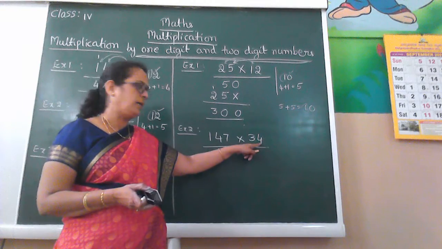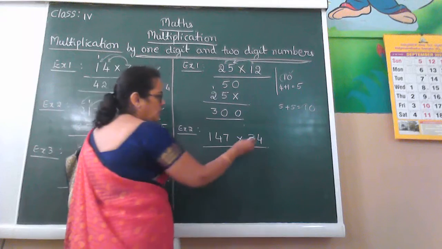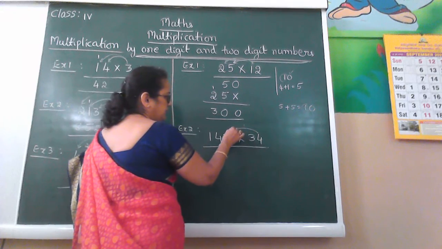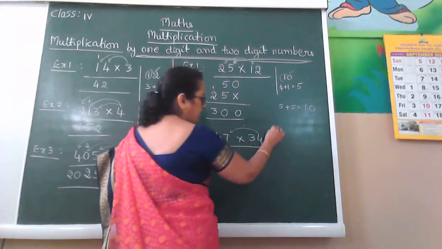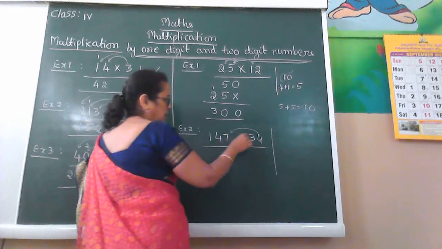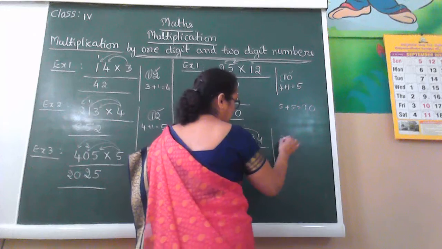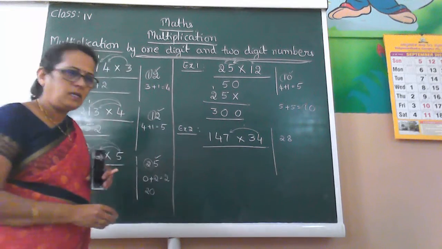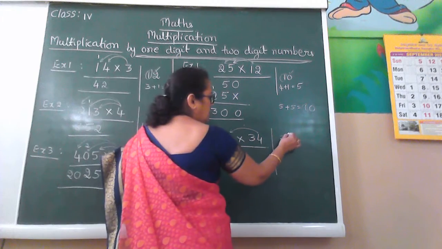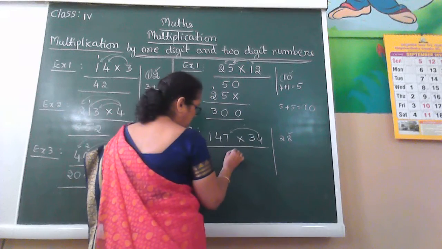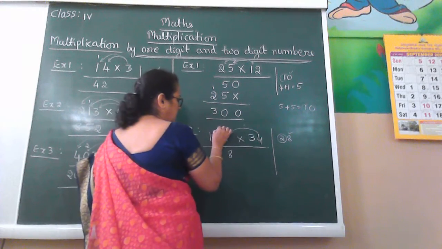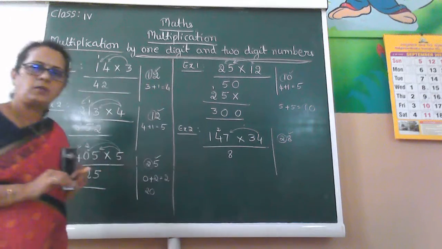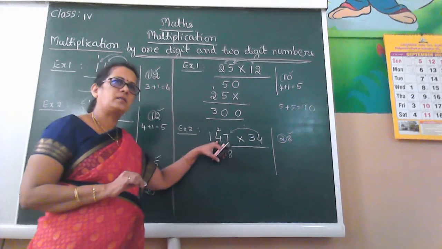So 4 sevens are 28. Now write 8 here and give carry 2 above 4, which is in the tens place.